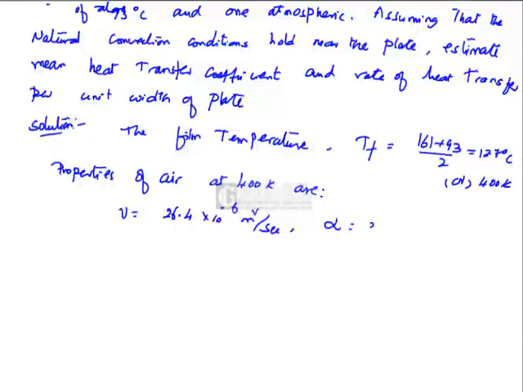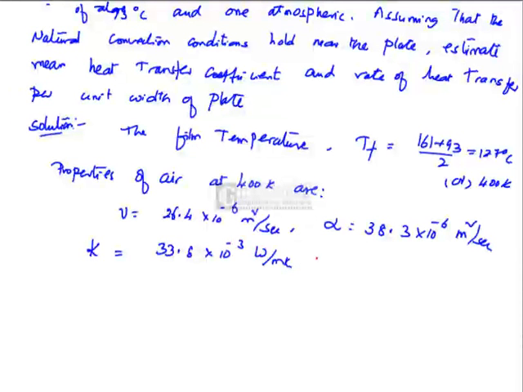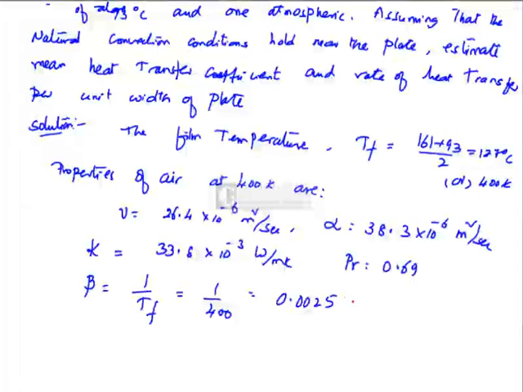Alpha is equal to 38.3 into 10 power minus 6 meter square per second. What is this alpha? Thermal diffusivity. Thermal conductivity K is 33.8 into 10 power minus 3 watts per meter Kelvin. Prandtl number is equal to 0.69. And isobaric coefficient of volumetric expansion beta is equal to 1 by Tf, mean film temperature, that comes to 0.0025 per Kelvin.